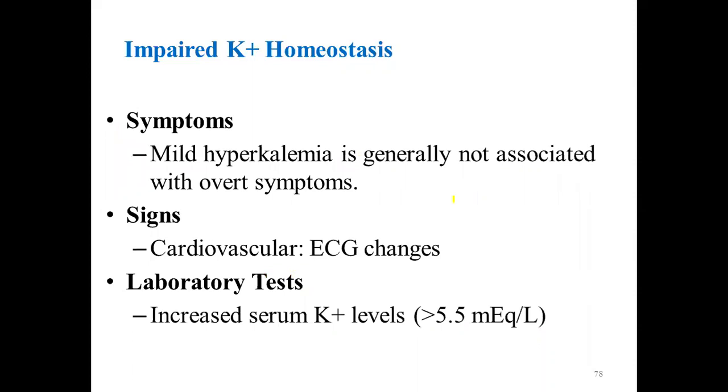Then what will happen when there is an impaired potassium level? You will see ECG changes, mainly on the T wave. Those are very important. Apart from that, I've already mentioned the basic clinical features of hyperkalemia: ECG changes, then the patient becomes weak, with bradycardia and lethargy.